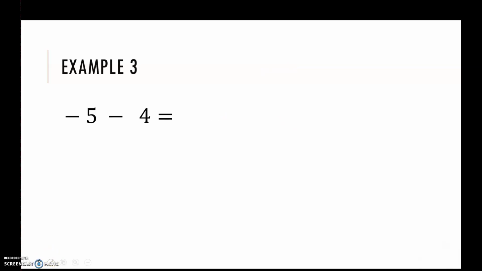Let's take a look at the next one. For number 3, it's a little bit different. Like we put in the wrap and on our notes at the beginning, we cannot subtract with negative numbers. So to subtract, you add the opposite.